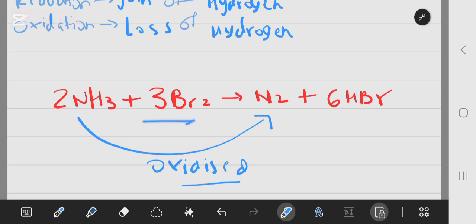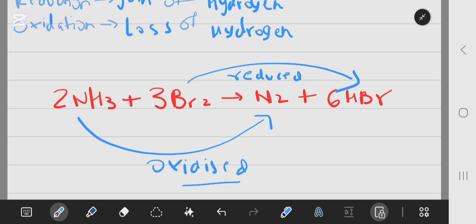So the Br2 is without hydrogen on the reactant side, and on the product side it includes hydrogen over here. You can see that. So I can now say that bromine has been reduced.